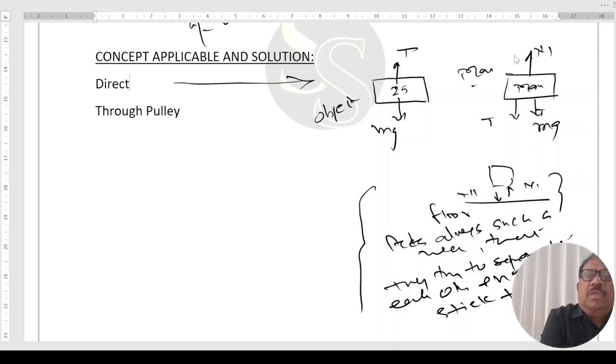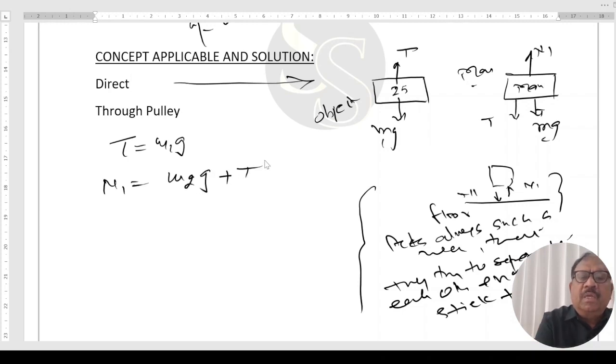Now, in this case, this is M1, this is M2. T equal to M1 g. In this case, vertical motion is there, N1 will be equal to M2 g plus T. What is T here? M2 g plus M1 g. This comes out to be M1 plus M2 into g.